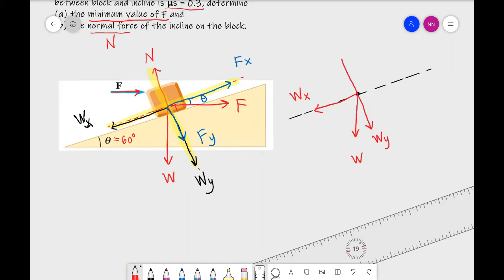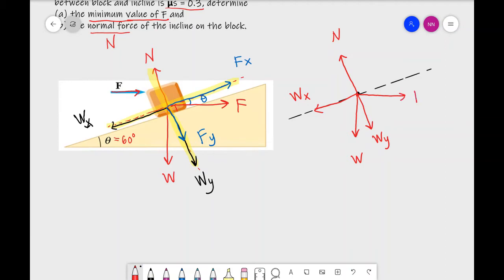Then this is the normal force, perpendicular to the plane, and then this is the force F. We can resolve F into components parallel to the inclined plane and perpendicular to the inclined plane.